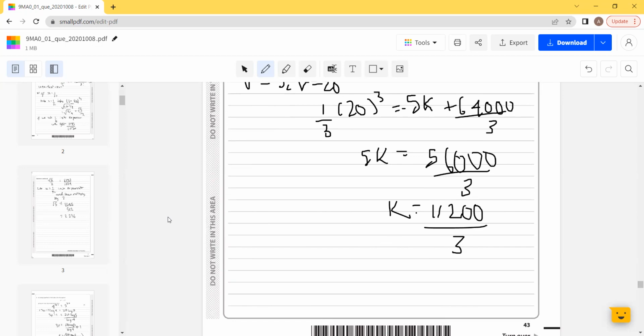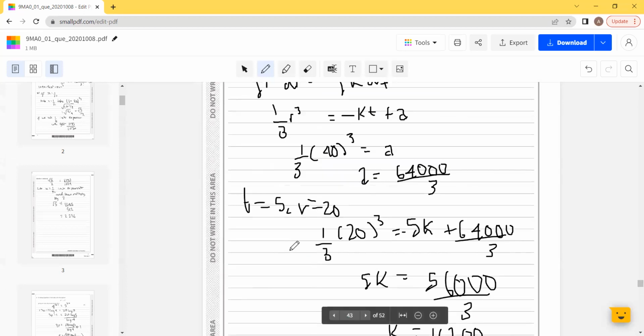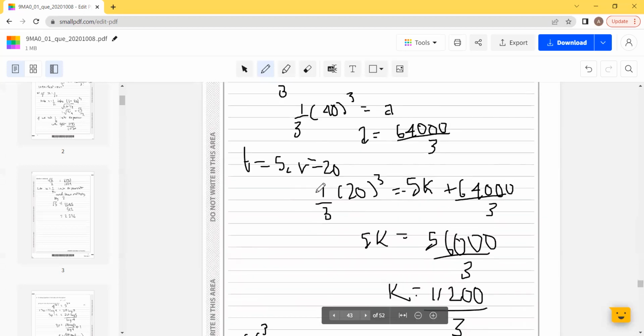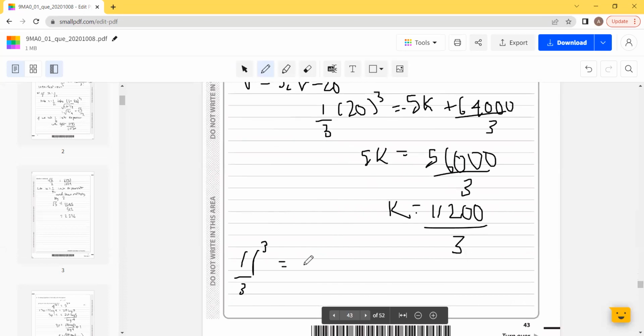Okay, so now I can finally say that I've solved the differential equation, right? And I can lay it out neatly. So now I can say that 1/3 r cubed is equal to minus 11,200 over 3 plus 64,000 over 3.